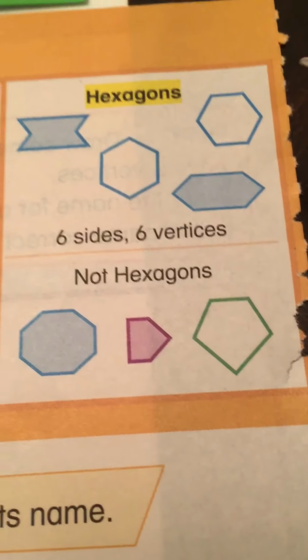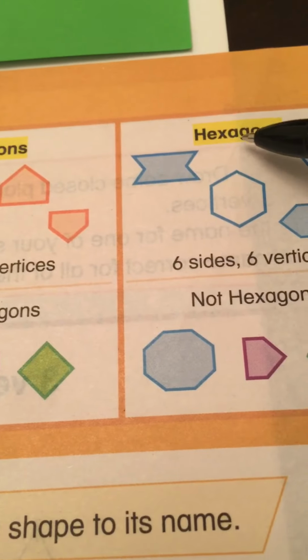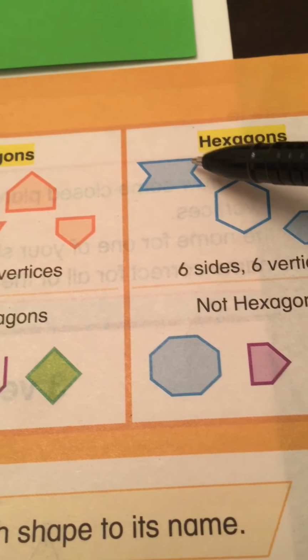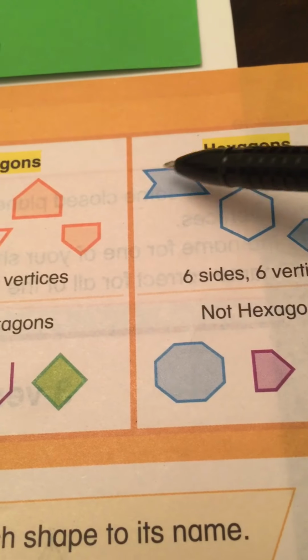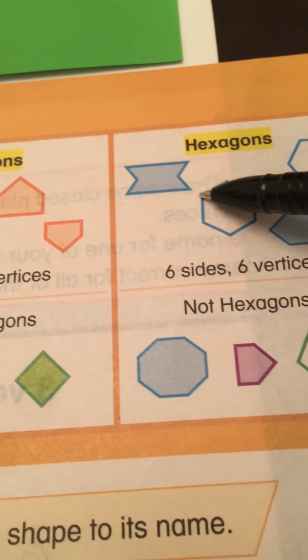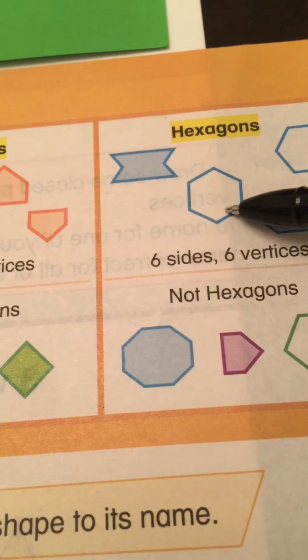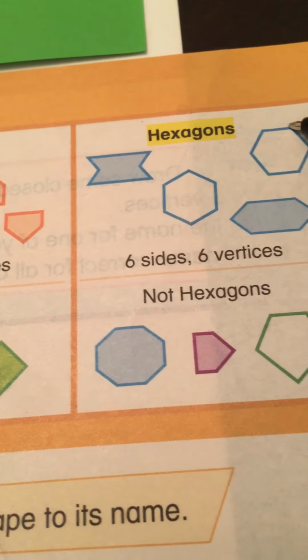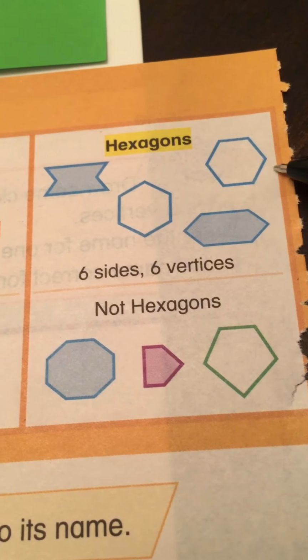So look at this one. This is a hexagon. So how many sides does the hexagon shape have, we said? It has 6 sides. So this has 6 sides, and this also has 6 sides with 6 vertices. And this also has 6 sides and 6 vertices.